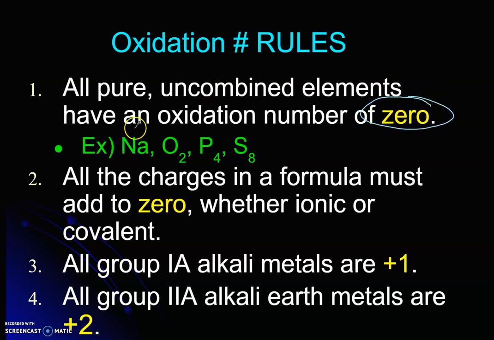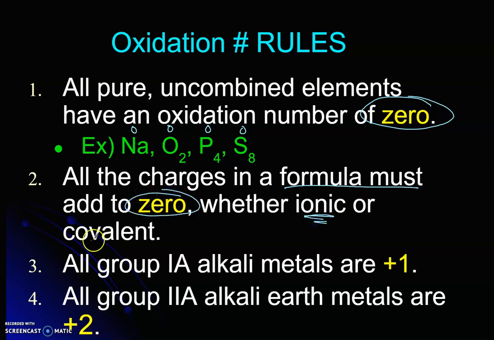So just the element sodium would be 0, or a diatomic molecule of oxygen, 0, or sometimes phosphorus makes these conglomerates of 4 or sulfur of 8. They are all 0.